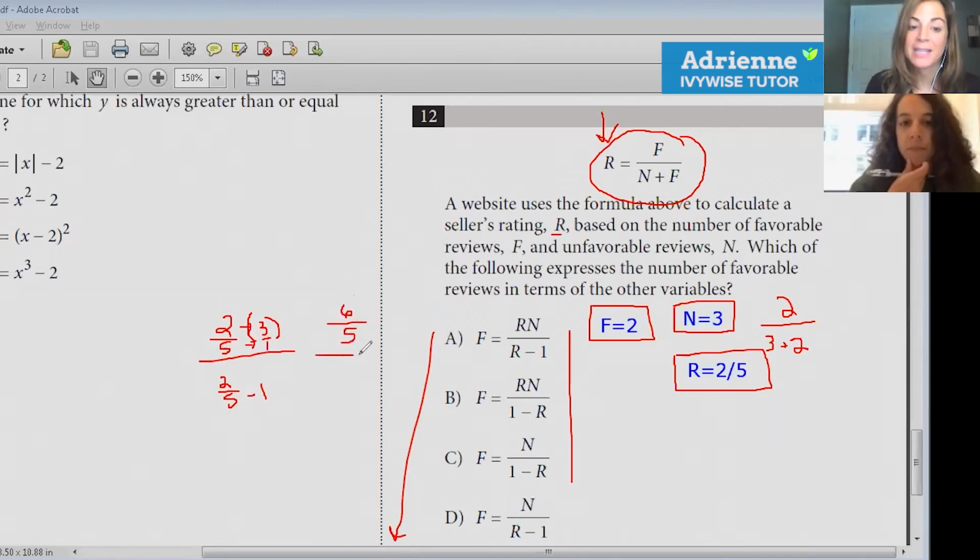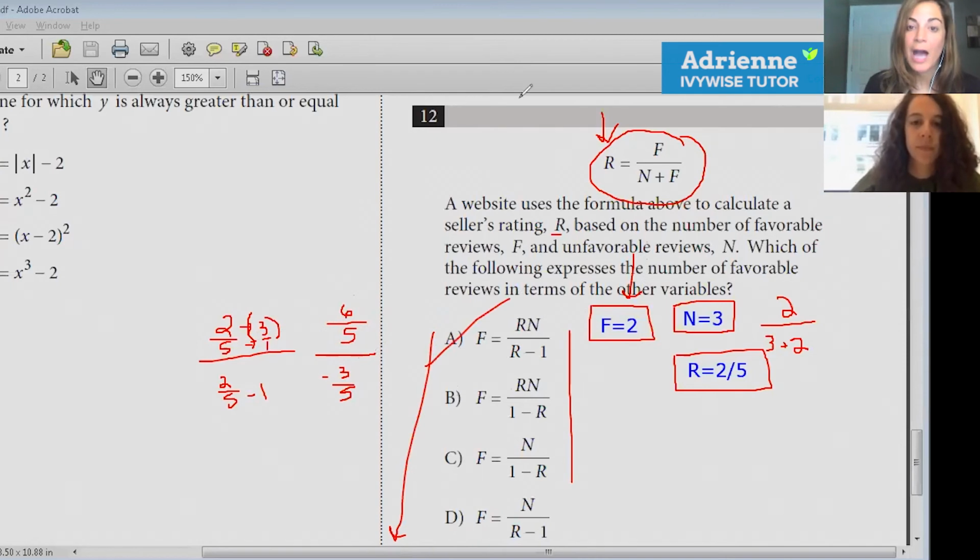And 2/5 minus 1 is actually going to be a negative 3/5. When you have a positive divided by a negative, you always get a negative, right? So we don't really even have to check this one because we know we're not going to get a positive 2. Does that make sense there? Yeah, definitely. All right, so we can use process of elimination and get rid of that one.